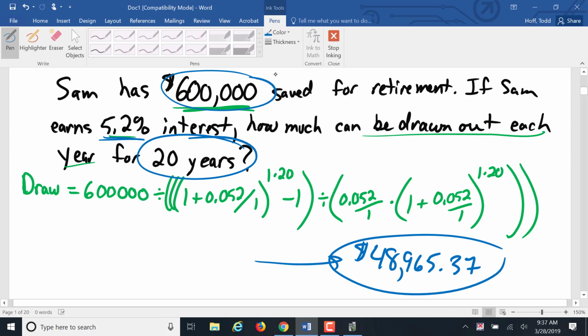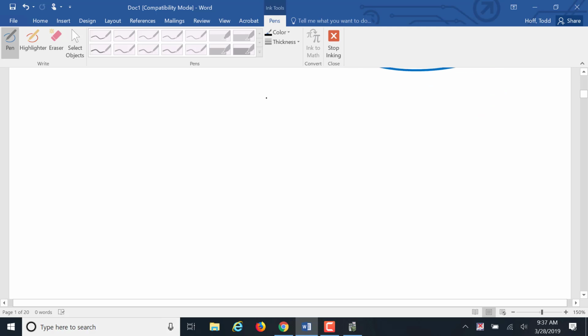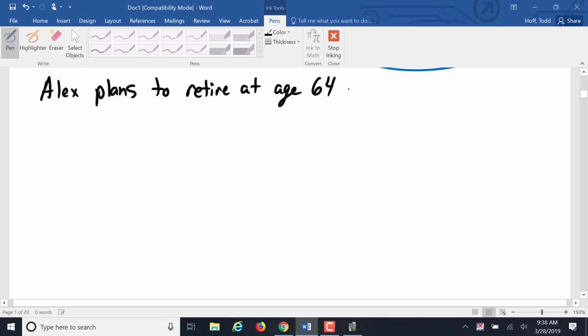One more example. Alex plans to retire at age 64 with $1.2 million saved up.